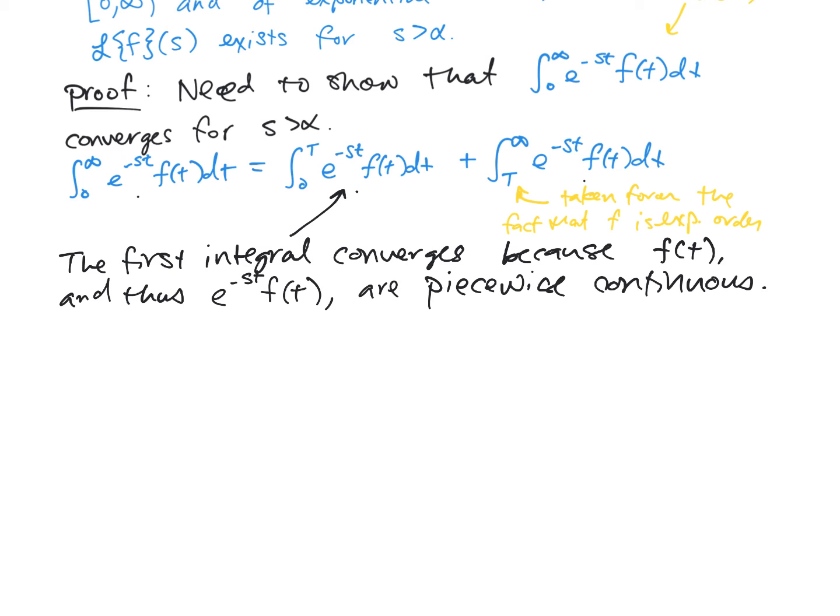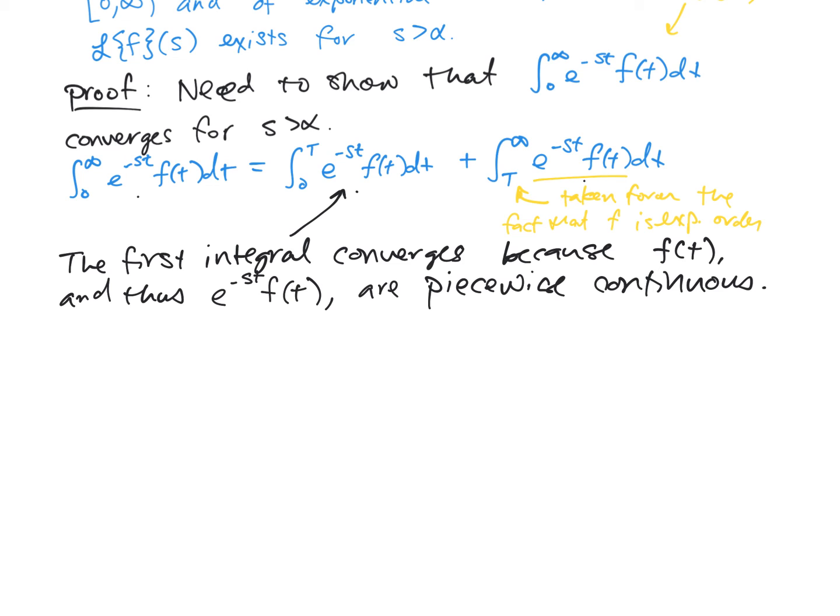So for the second one, we have an improper integral, and we're going to use a comparison test for improper integrals, which says that if the integrand is bounded by something, if there's some bigger function and the improper integral of that bigger function converges, then the improper integral of the smaller function will converge.